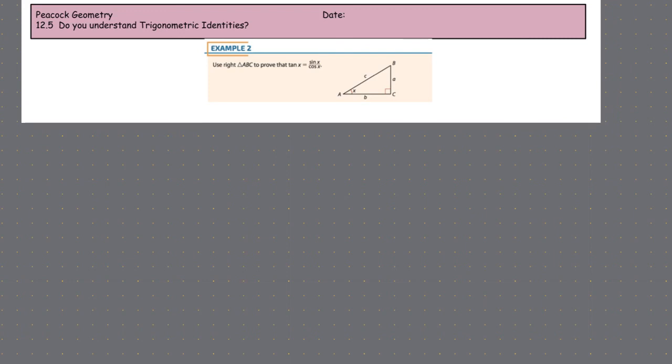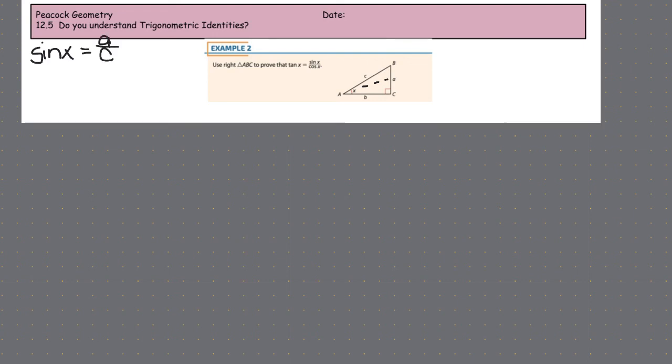So even before we begin, I want us to designate what is the sine of x. So over here, the sine of x is a over c.